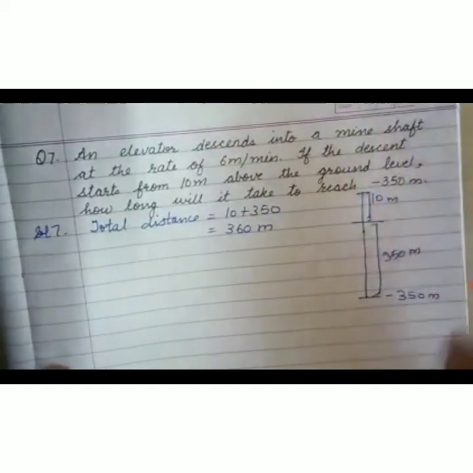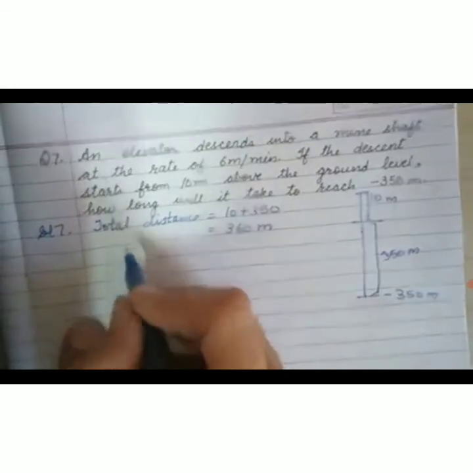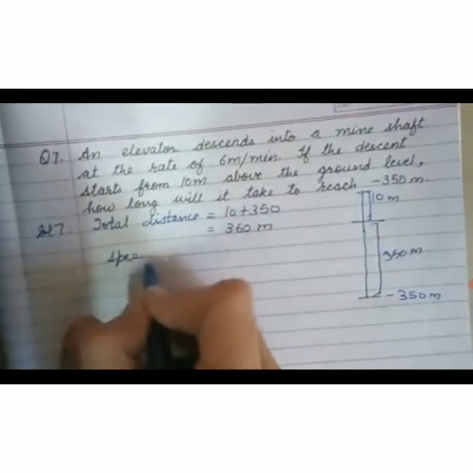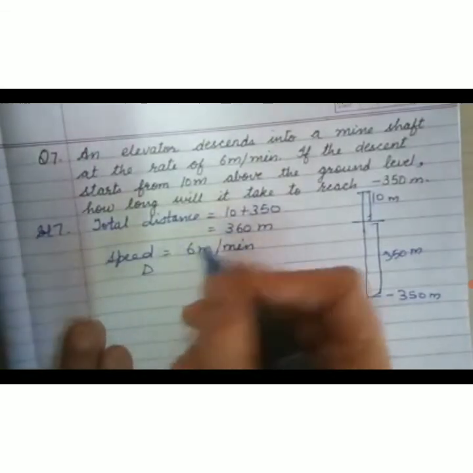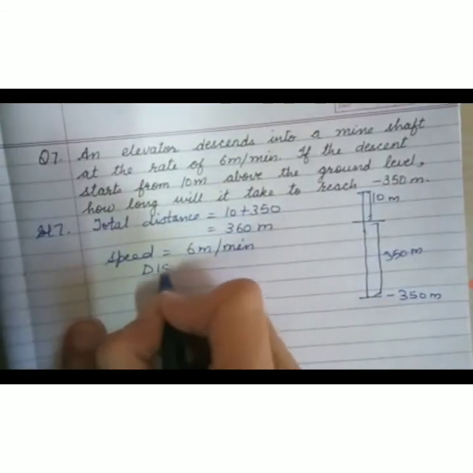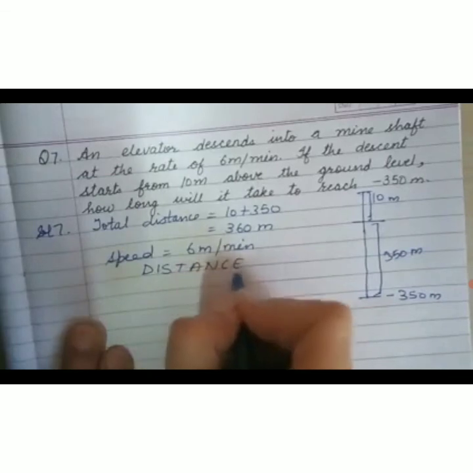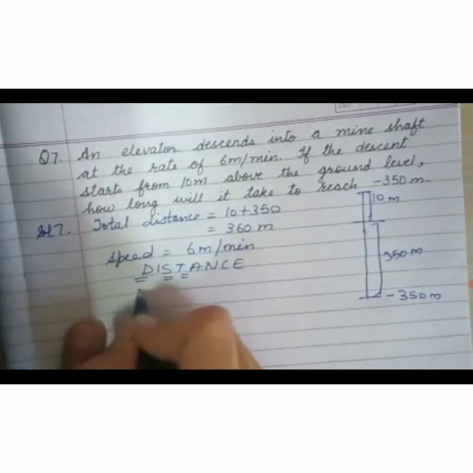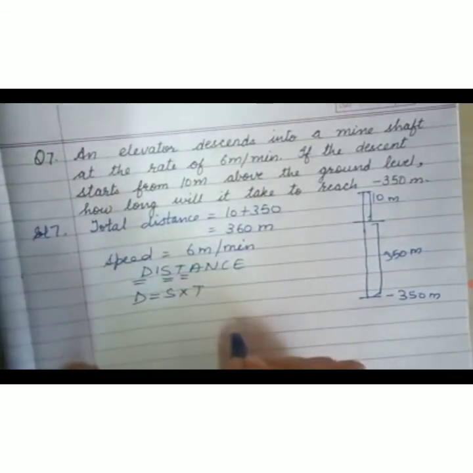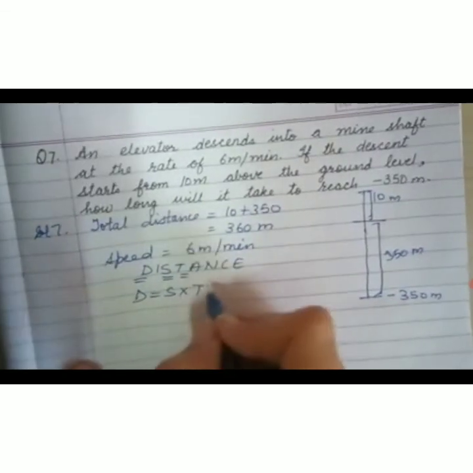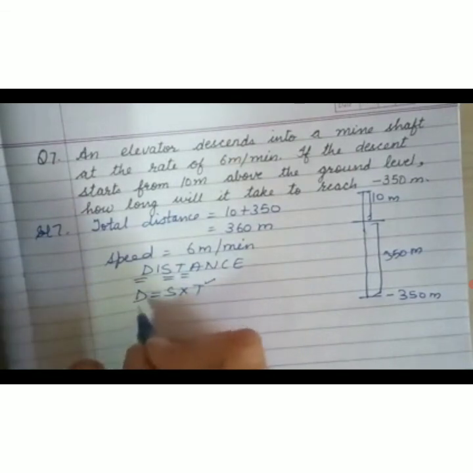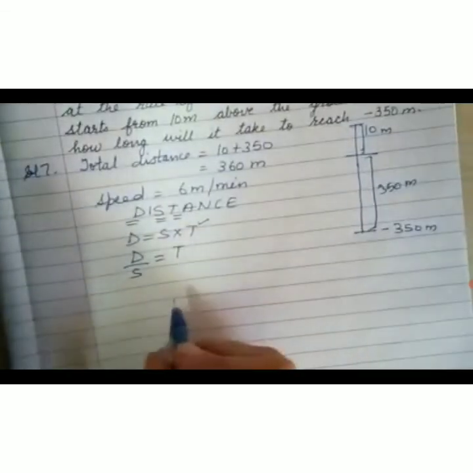We have to find the time, so the distance formula is d equals s into t. Rearranging, d by s is equal to t, so time taken is equal to d by s.